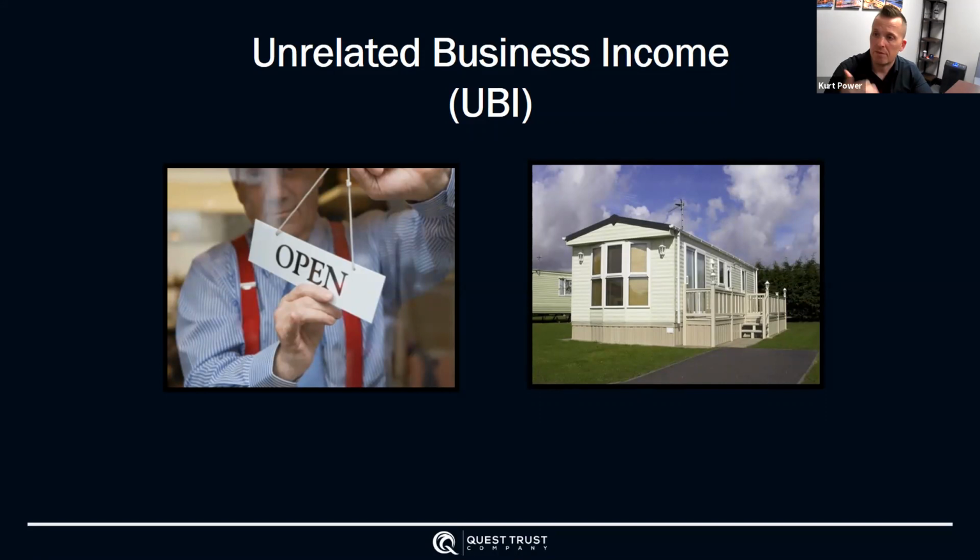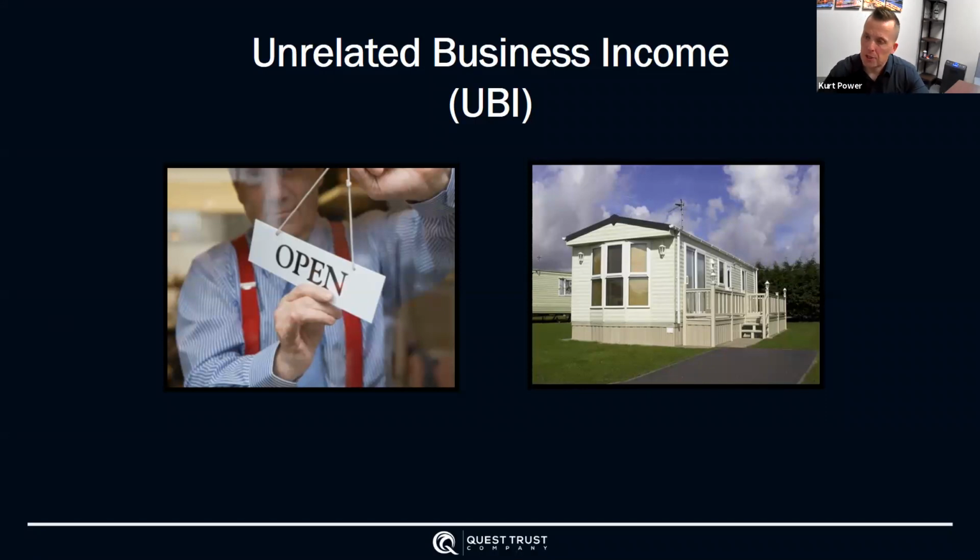If I'm doing fix and flips, 20, 30, 40, there is no set number, but let's say I'm doing enough to where I'm running a business inside of my IRA, in all likelihood I'm going to pay UBIT, because I have an unfair advantage running a business in a tax-exempt entity like an IRA versus the guy down the street who's doing that as his business and paying taxes.